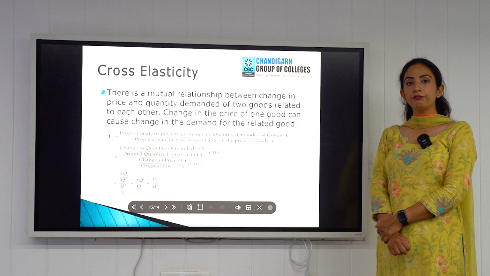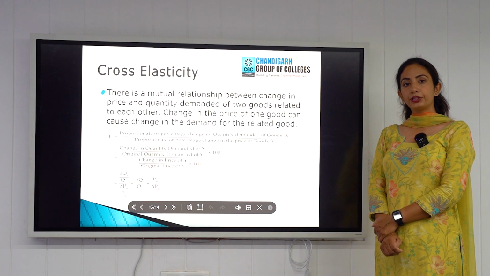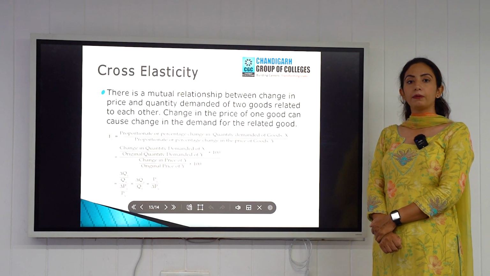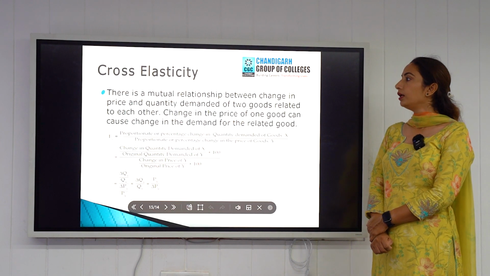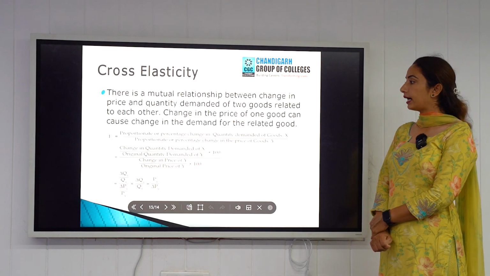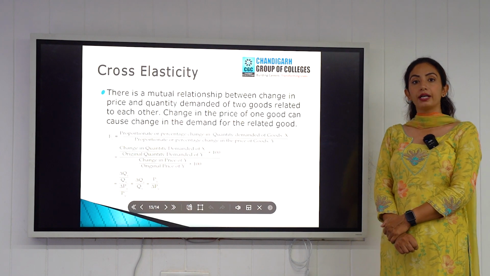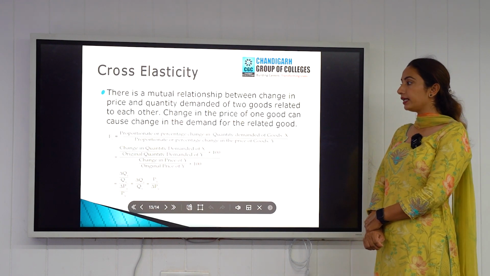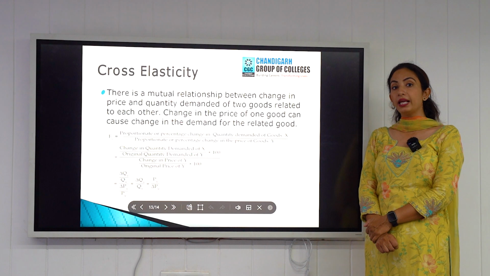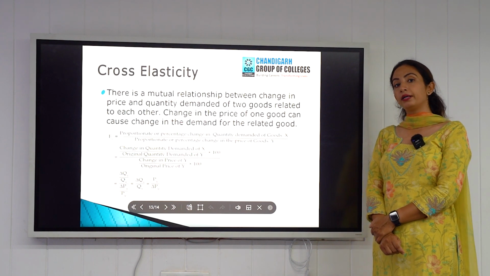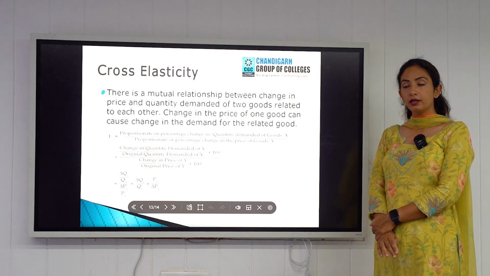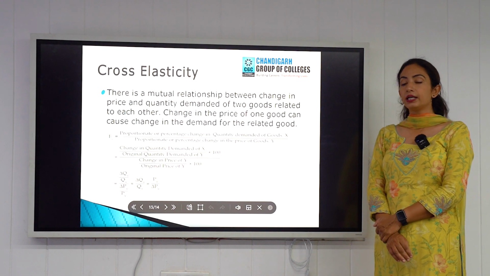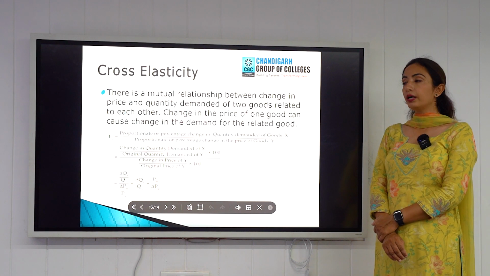The best example for substitute goods would be tea and coffee, and for complementary it will be car and fuel. So, we'll be witnessing a ratio that expresses the relationship between the percentage change in the quantity demanded of good X due to percentage change in the price of good Y.